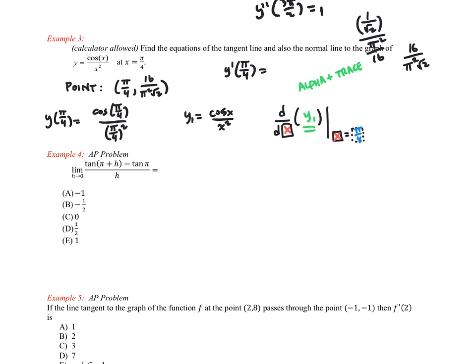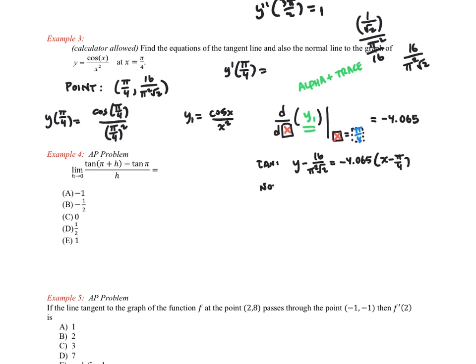All right, my answer comes out to be, rounded to 3 decimal places, negative 4.065. Therefore, the equation of the tangent line will be y minus 16 over pi squared root 2 is equal to negative 4.065 times x minus pi over 4.